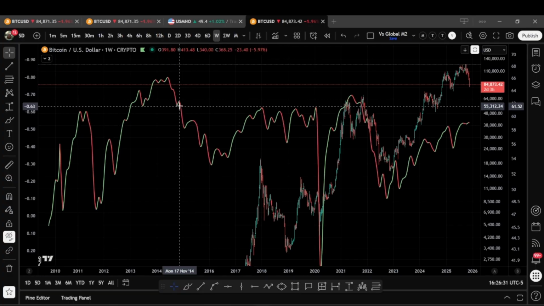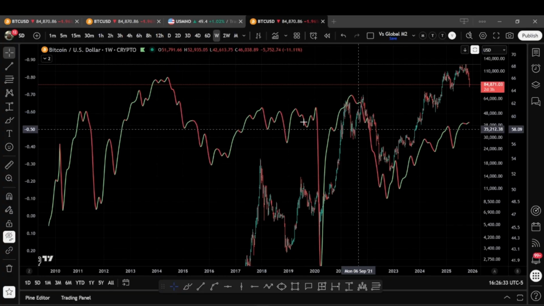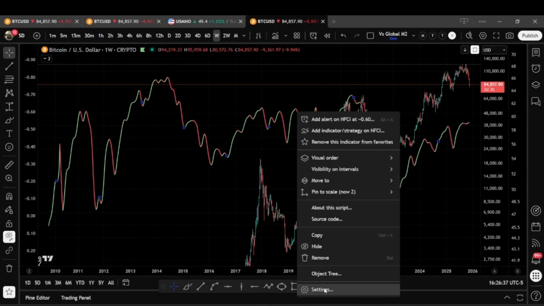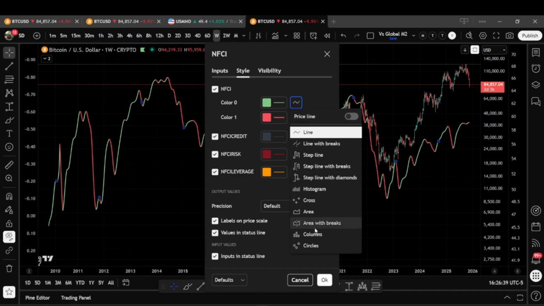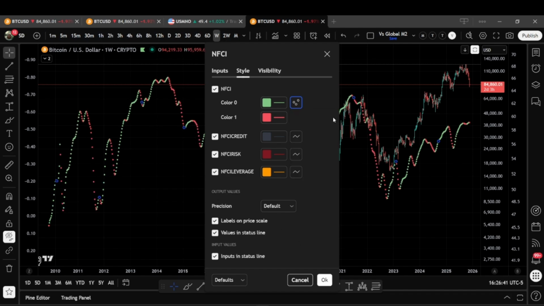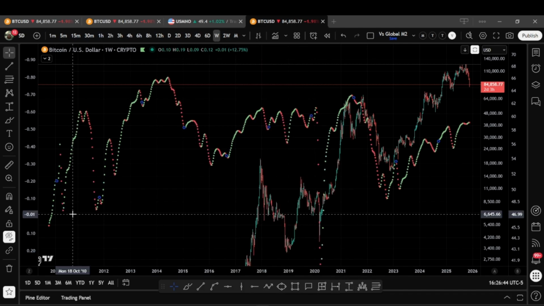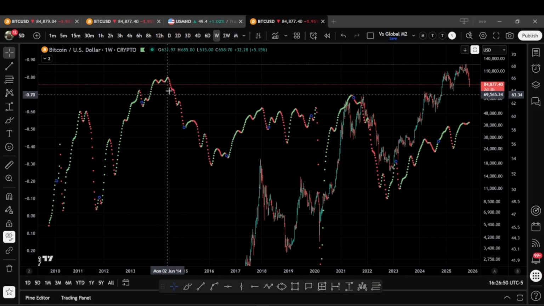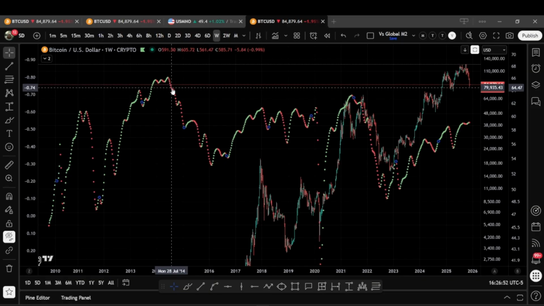The line chart doesn't really show us as much data as we need. So let's change these settings from line chart to circles. Aha. Now we have more actionable data. Each circle represents 1 week of data.